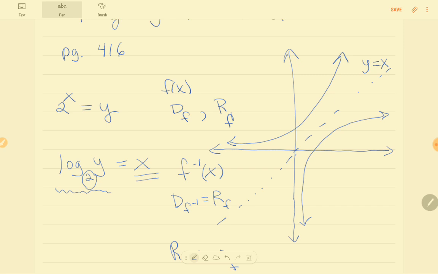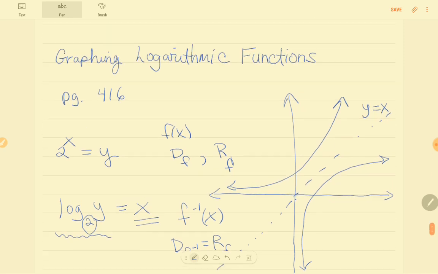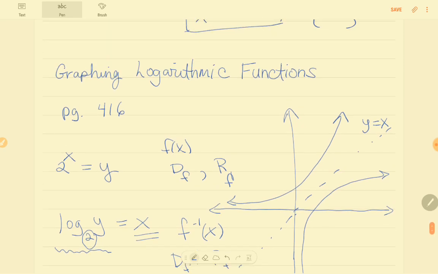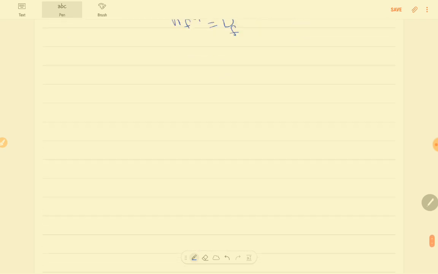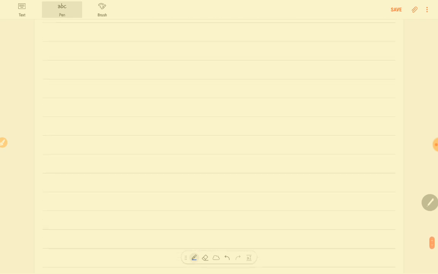We learned about transformations before with things like linear equations and parabolas and cubic functions and square roots and cubic roots. So we're going to be applying the same principles when we graph our logarithmic functions. So let's recall how to do transformations.